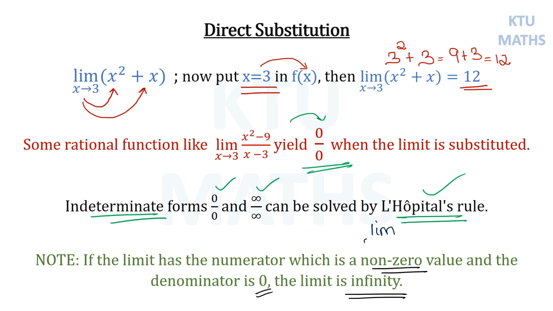Limit x tends to 0 of 1 by x will be 1 by 0 when substituting the value of x, and 1 by 0 is infinity. In some fields of mathematics, 1 by 0 is also called not defined. But here in the field of limits, it is infinity.